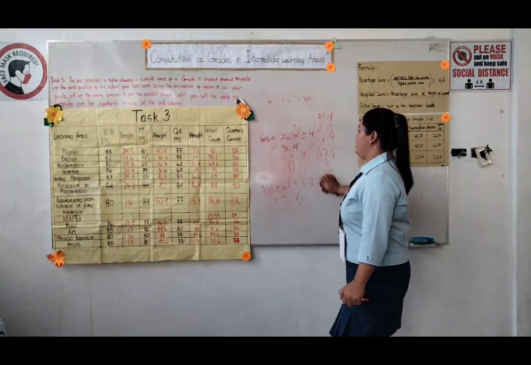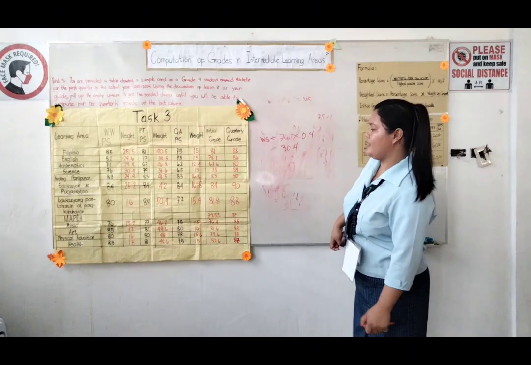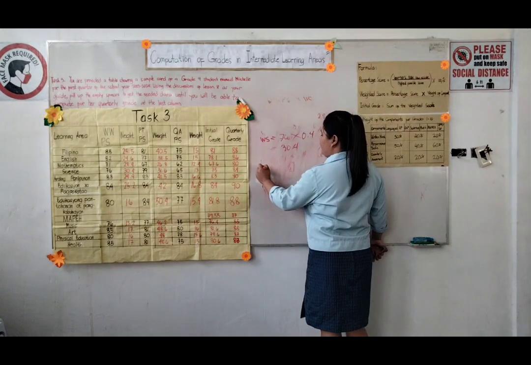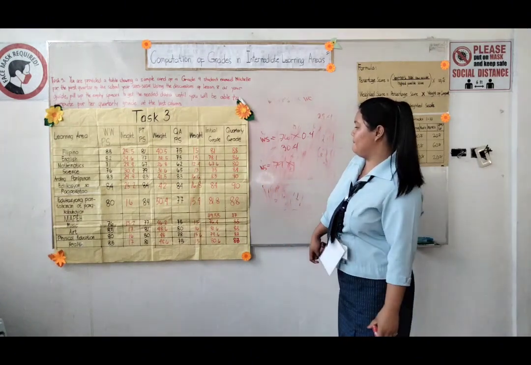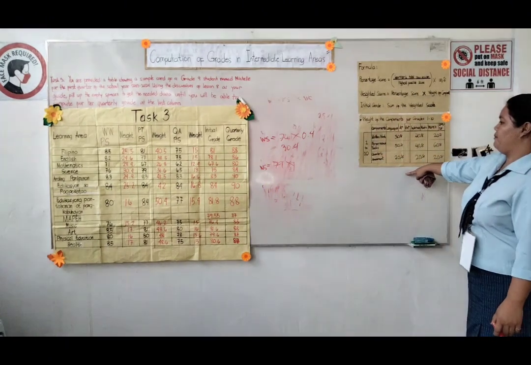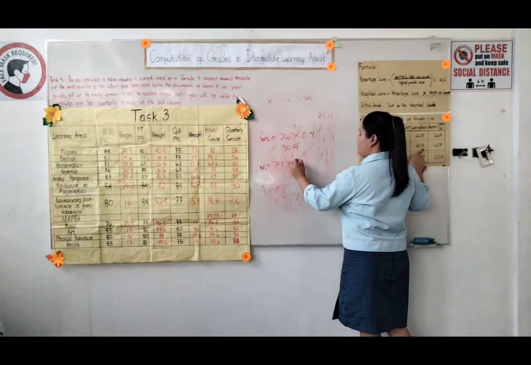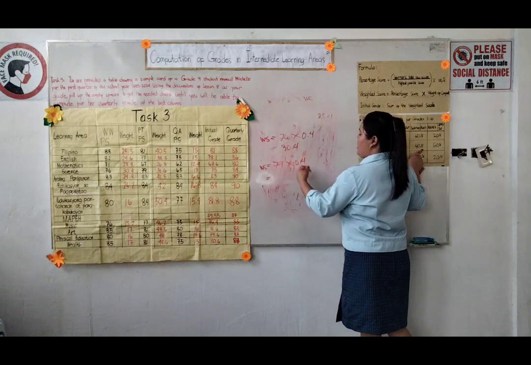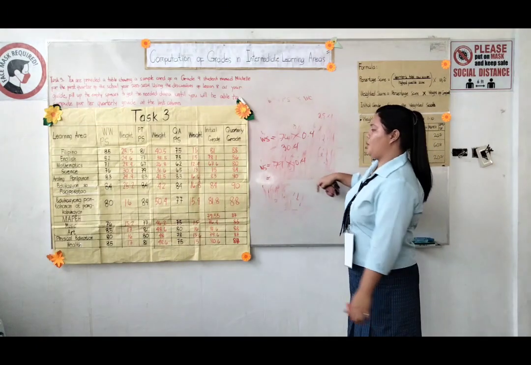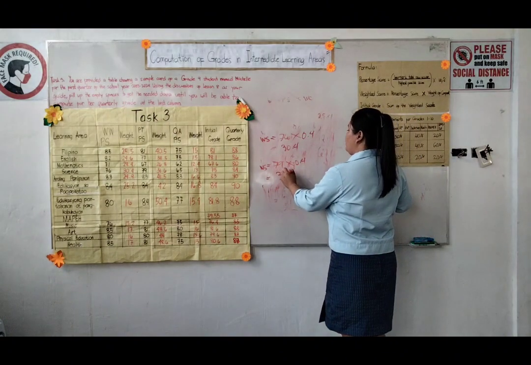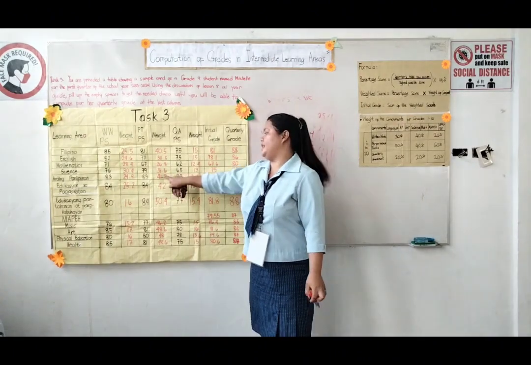In performance standards, the given percentage score is 79. So 79 times the weight of component of performance standards in science, which is 40%, so 0.4. Multiply 79 times 0.4 is equal to 31.6.